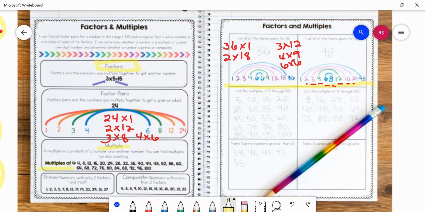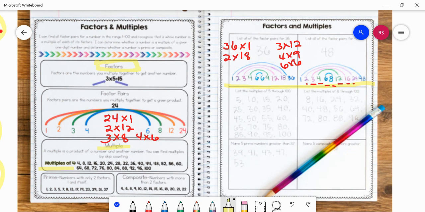Same with the multiples of 8. Go ahead and multiply 8 times 1 is 8. 8 times 2 is 16. 8 times 3 is 24. 8 times 4 is 32. 8 times 5 is 40, and so on, right? So either way, sometimes it might be easier to skip count because you can skip count quickly.